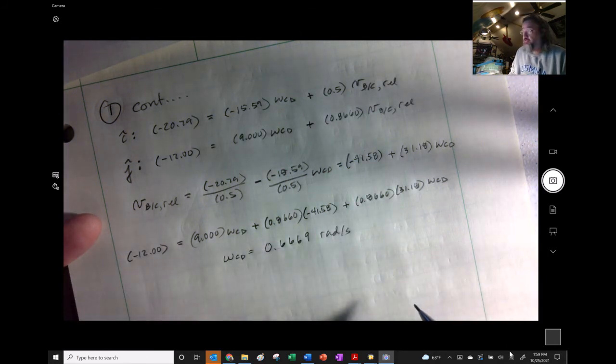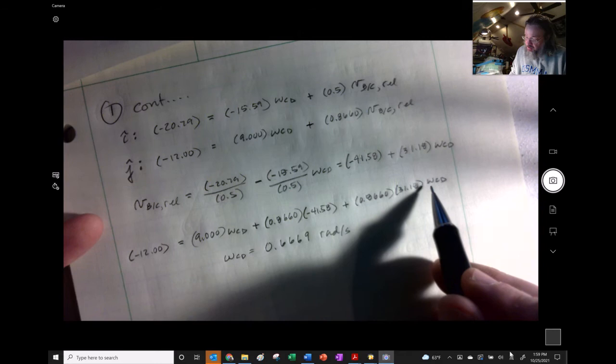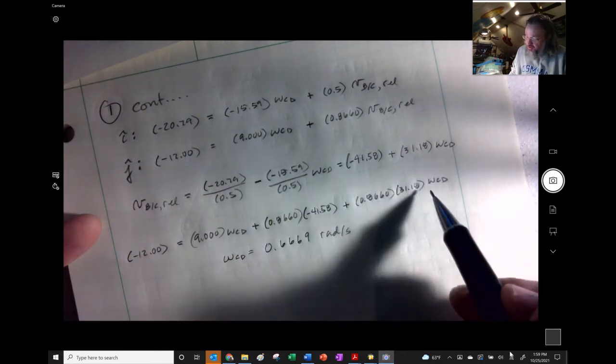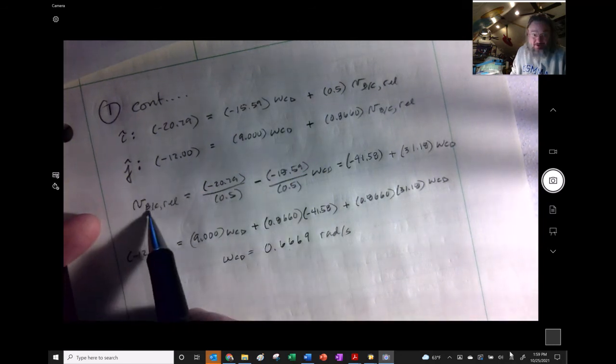So this too is moving counterclockwise, right? And now I'm going to put that back into this guy right up here.